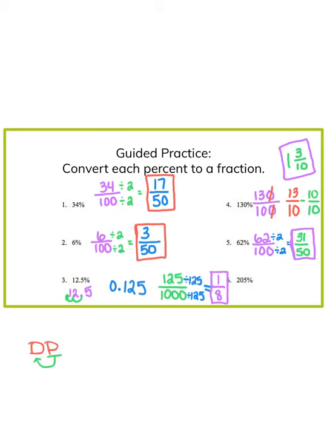Last, we're going to convert 205% to a fraction. So I'm going to write 205 over 100. And now I need to simplify.